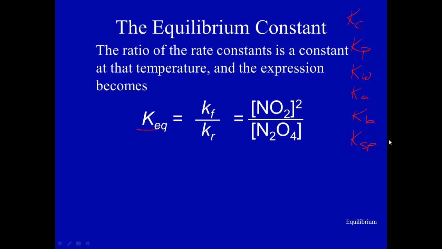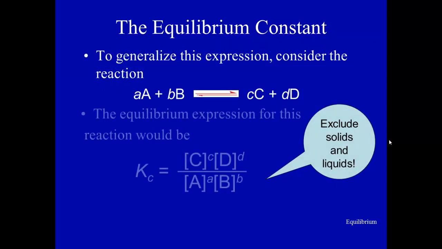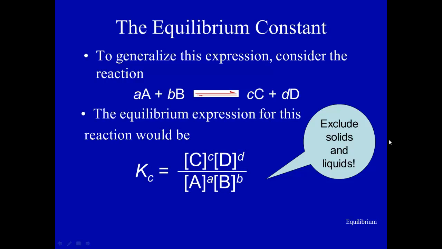So it becomes really simple to write these equilibrium expressions. So we have this generalized reaction here, and it's really products over reactants. That's very much like when we were doing products minus reactants.